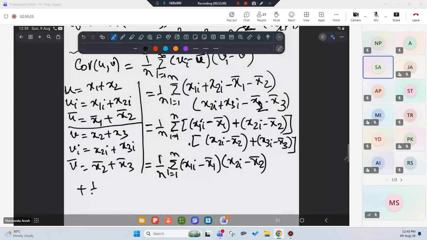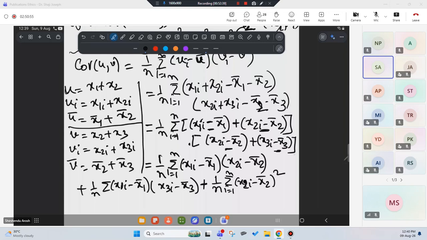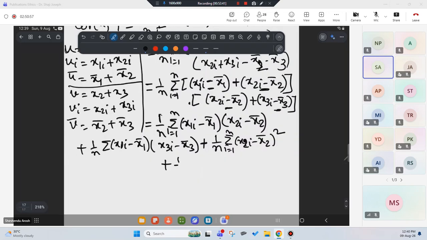Second would be 1 by n, this multiplied by this: x1i minus x1 bar times x3i minus x3 bar. Plus, second, now this multiplied by this: 1 by n summation i from 1 to n, x2i minus x2 bar whole square, and the final one is 1 by n summation of x2i minus x2 bar multiplied by x3i minus x3 bar.